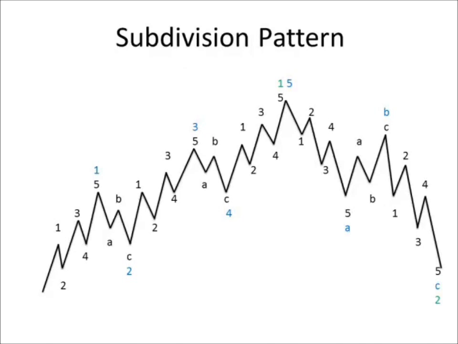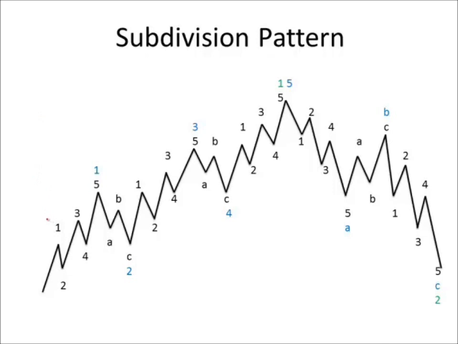Subdivision pattern. So now I've essentially drawn for you the same graph as before, but with more waves. If this looks a little complicated, we'll just go through it step by step. It should be fairly clear. I have labels for each of the waves, and each of these represents a different wave sequence.